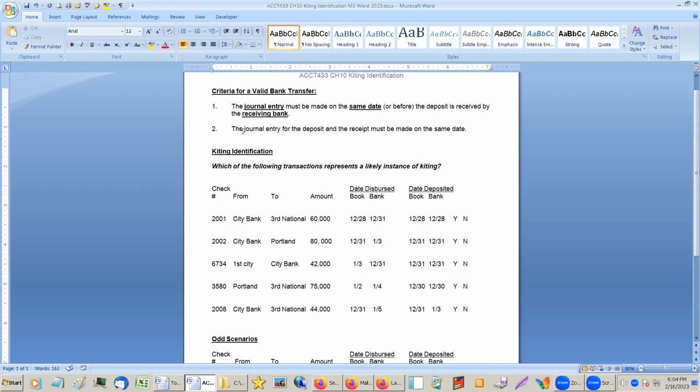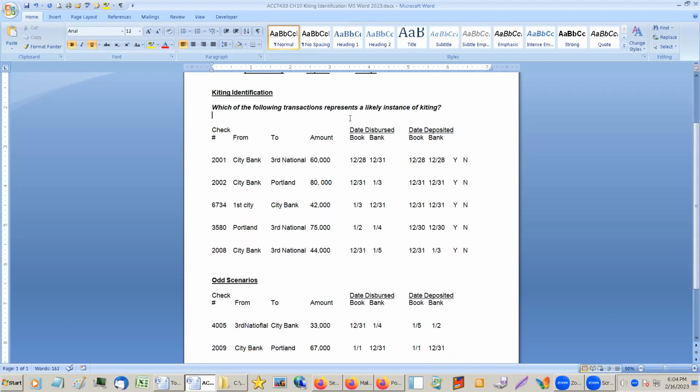And the journal entry for the deposit and the receipt must be made at the same time. All right, so we have these transactions down here. Which of the following transactions represents a likely instance of kiting?